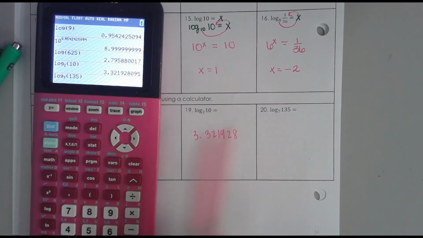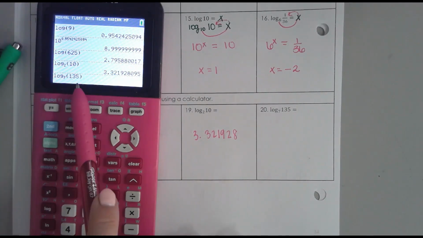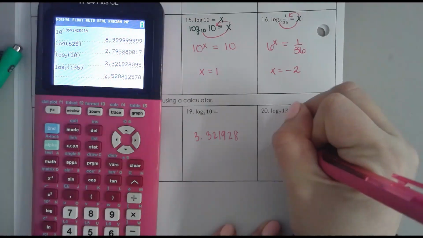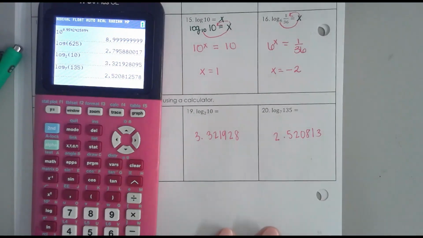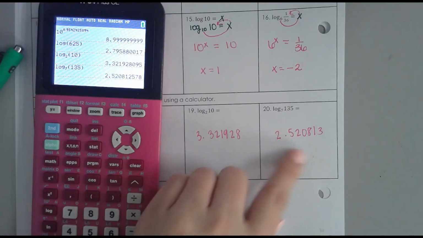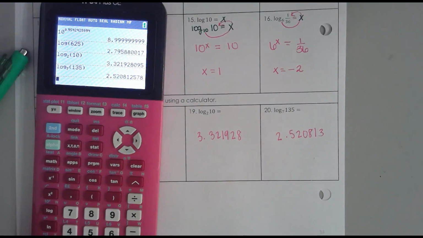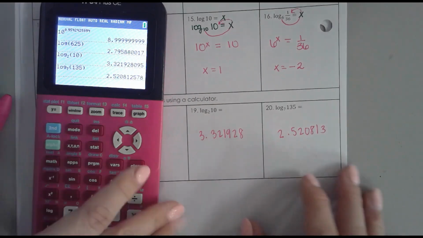So number 20, log base 7 of 135 is 2.520813. So that means 7 to this power is basically 135. If you use the log button, that's base 10.